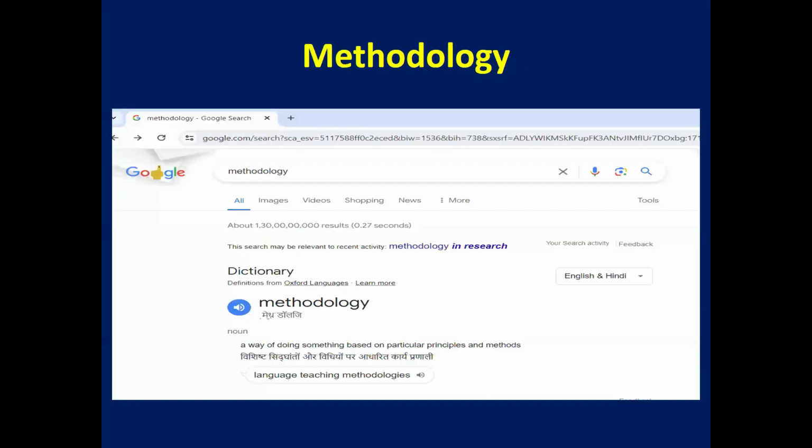And when we talk about methodology in a dictionary, methodology is a way of doing something which is based on particular principles. So we have to follow some basic principles in methodology.